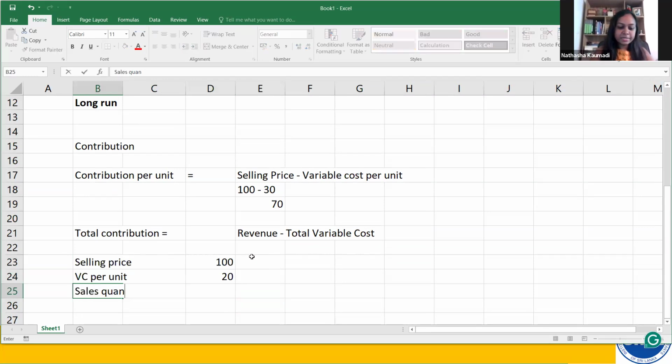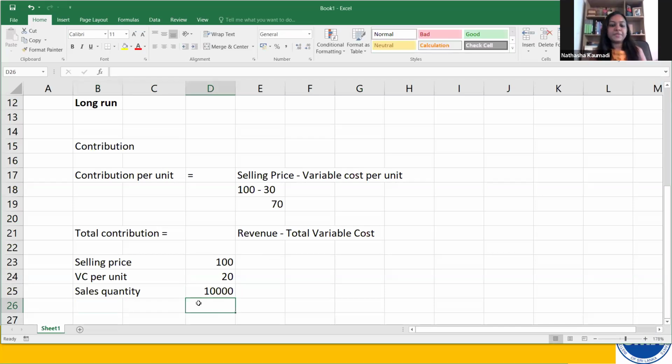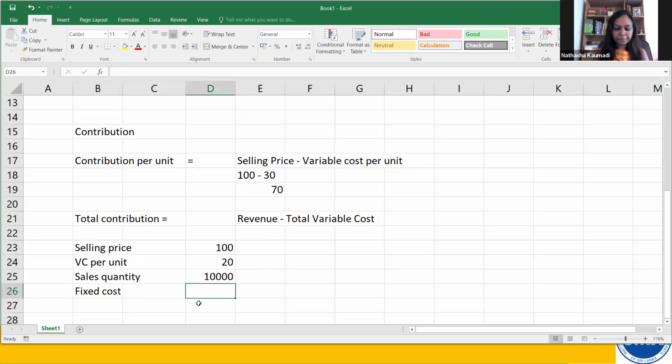Sales quantity is 10,000. And your fixed cost is 500,000 rupees.